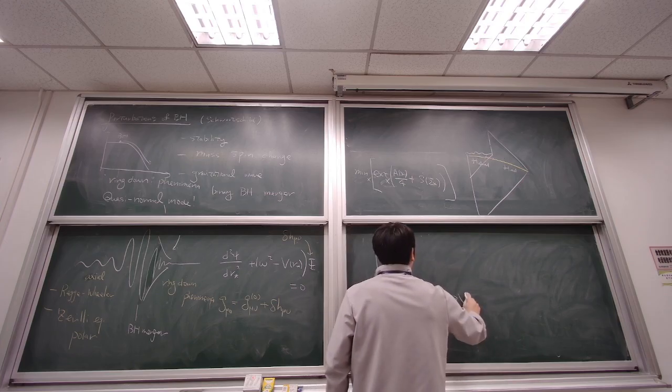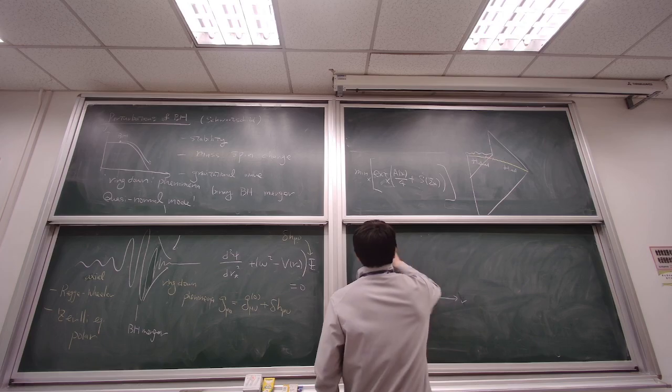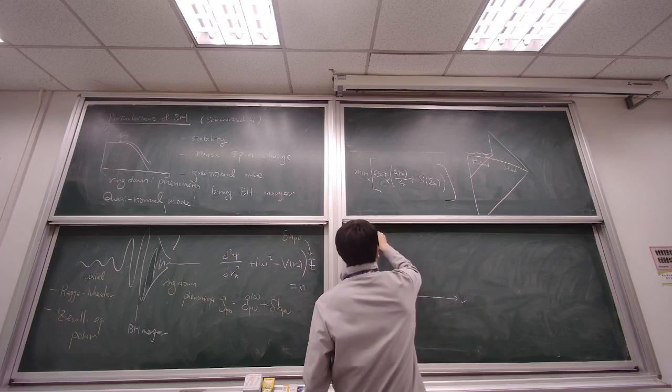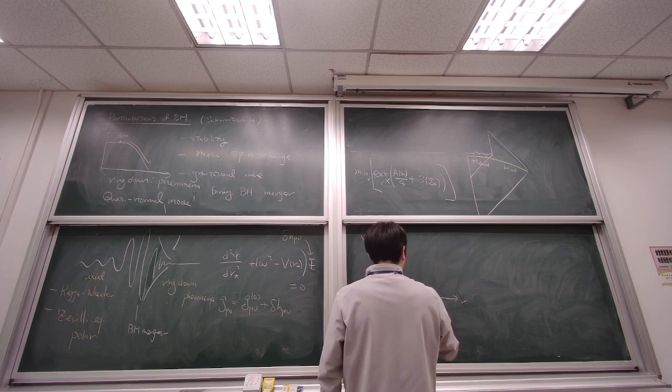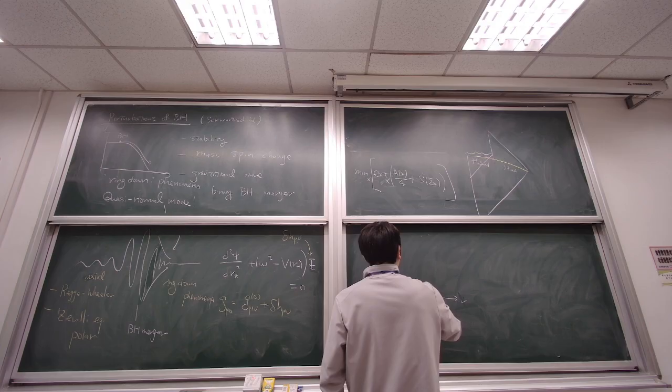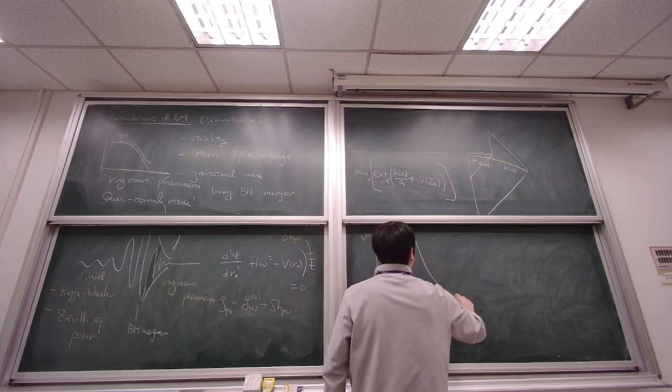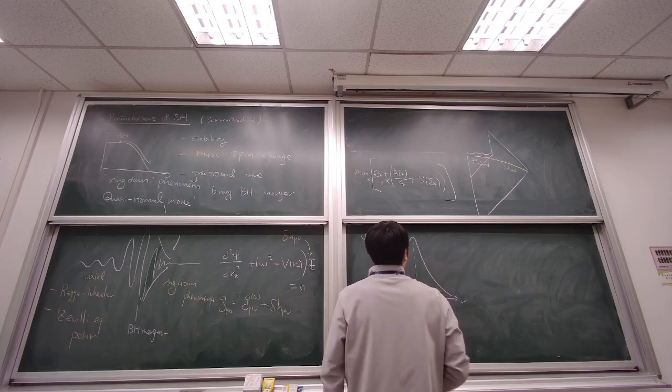So this is R and V of R, and this is 2M, and there is a peak at 3.3M, and V takes the following shape, roughly like this.